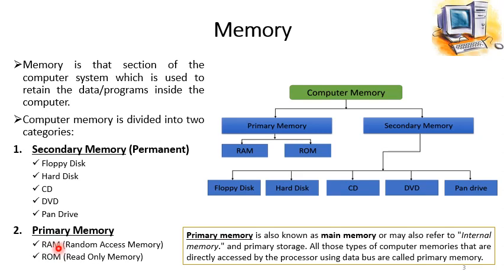But in modern computers there are more primary memories than RAM, such as cache. Further, the cache memory is divided into level 1, level 2, level 3, and the internal memory called registers, which are actually part of the CPU in modern computers. They are also used as primary memory.